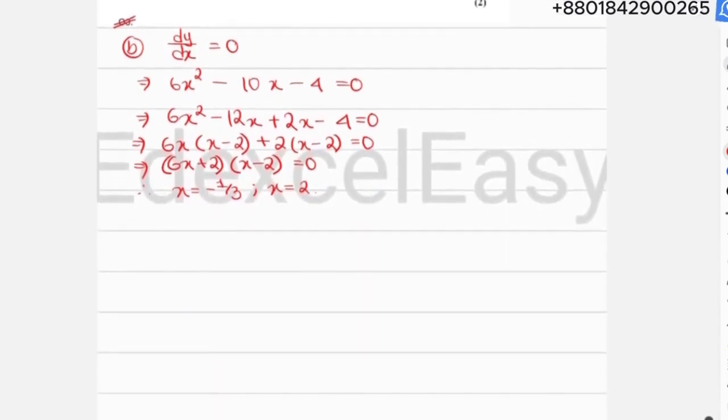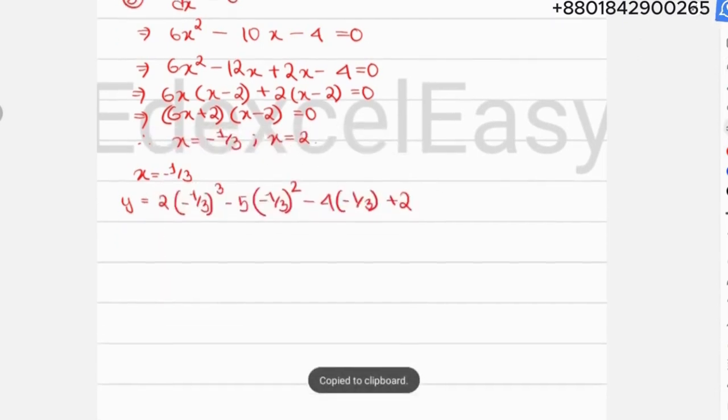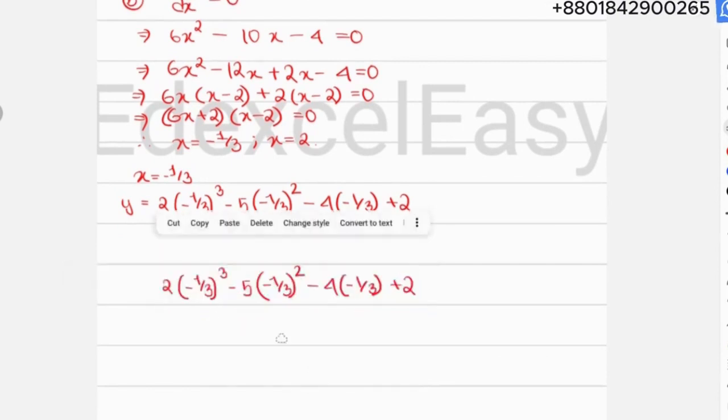So when x equals minus 1 by 3, y is going to be 2 times minus 1 by 3 cubed, minus 5 times minus 1 by 3 squared, minus 4 times minus 1 by 3, plus 2, and this entire expression will again be done with a positive 2, right? Because the other value for x was positive 2 for the second turning point.